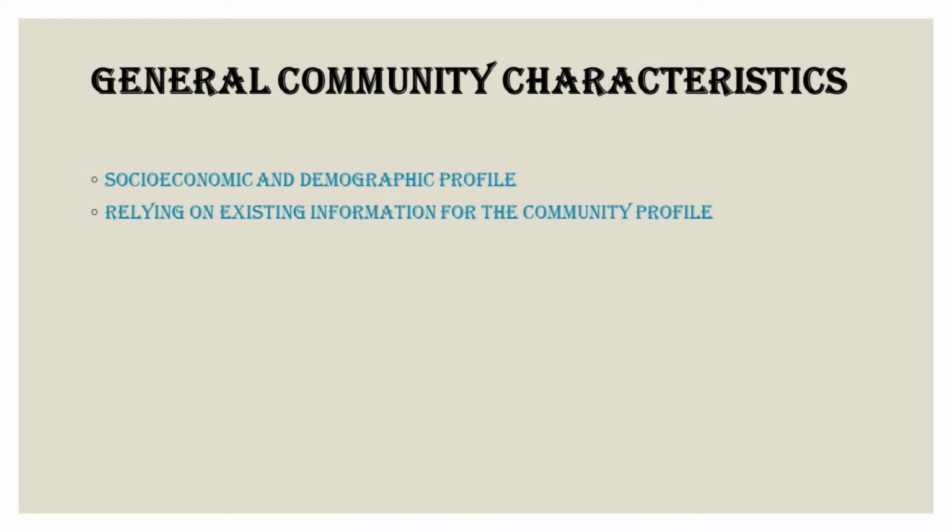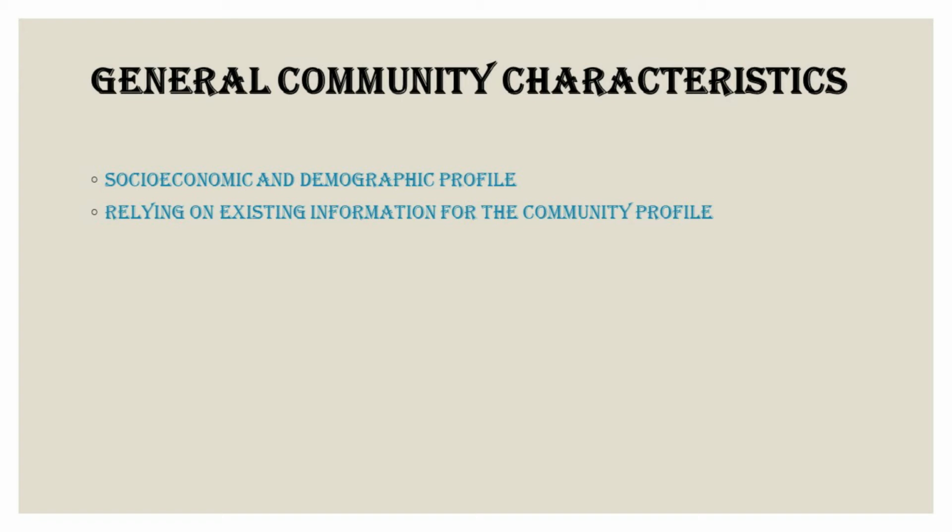Community characteristics provide a socio-economic and demographic profile of the people in the community. It includes total population, age, ethnicity, household structure, employment status, income and poverty status. Demographic and socio-economic data such as these are some of the easiest to collect because they are assembled by federal, state or country agencies.